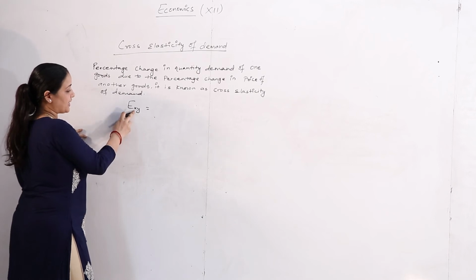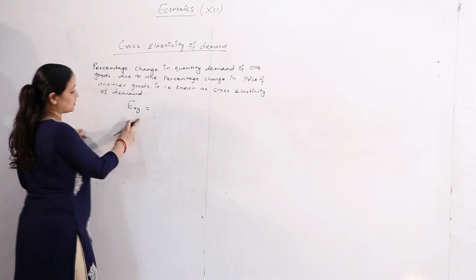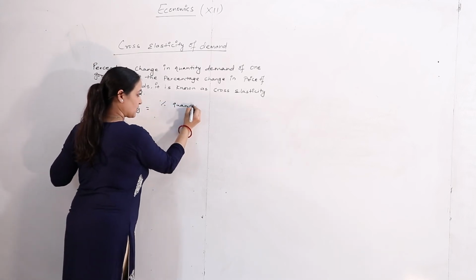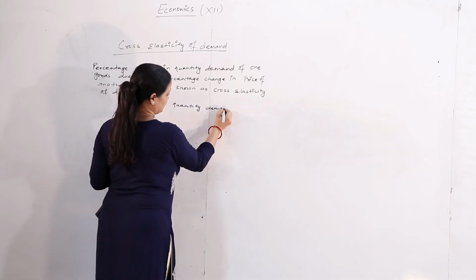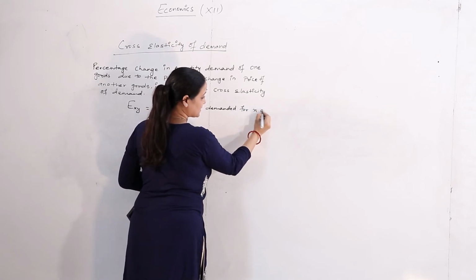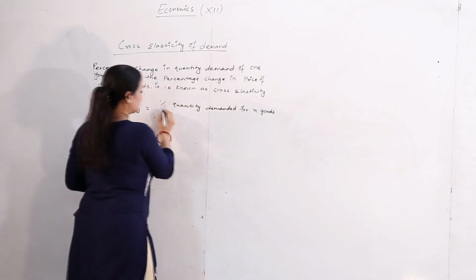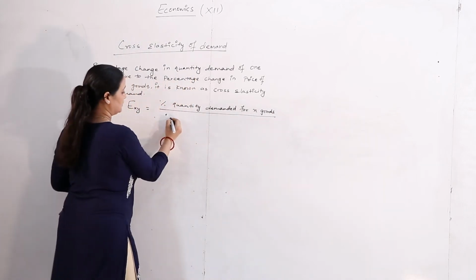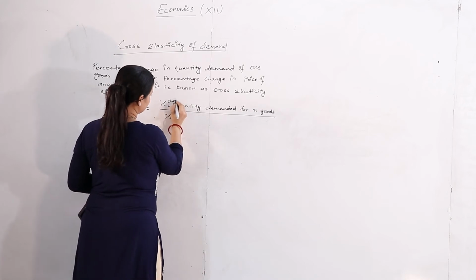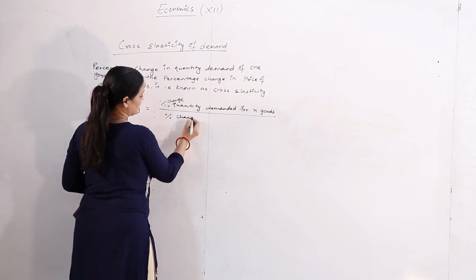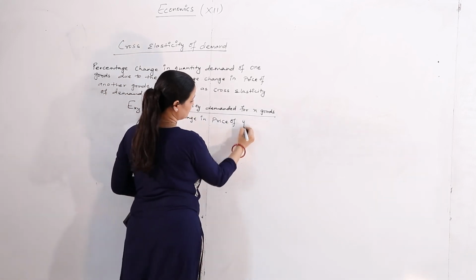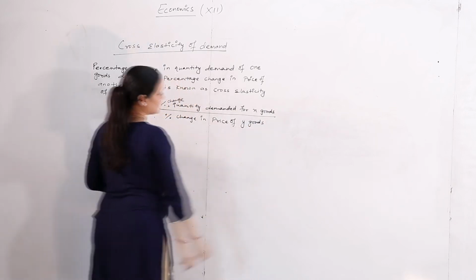E means elasticity, X means X commodity, and Y means another commodity Y. So the percentage change in quantity demanded for X goods due to the percentage change in price of Y goods.